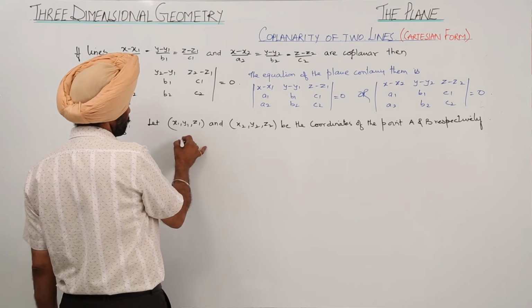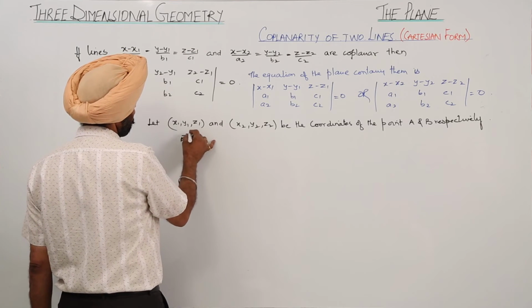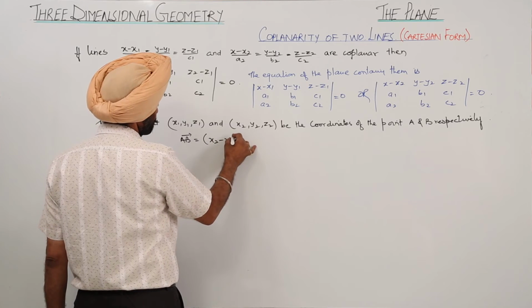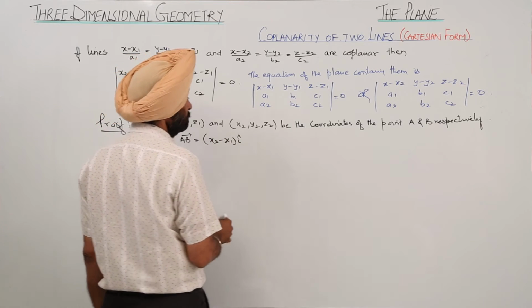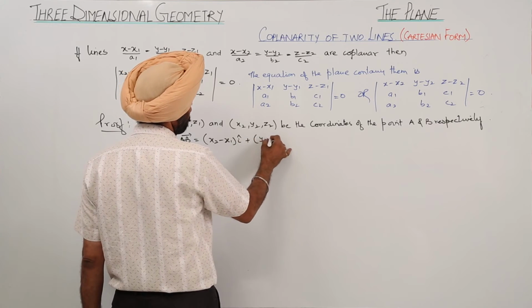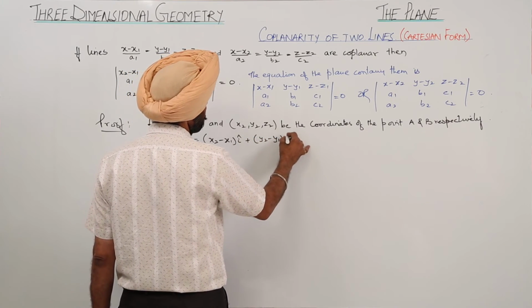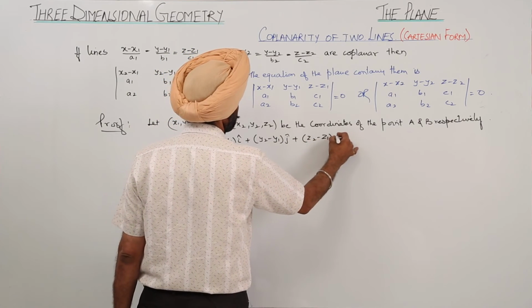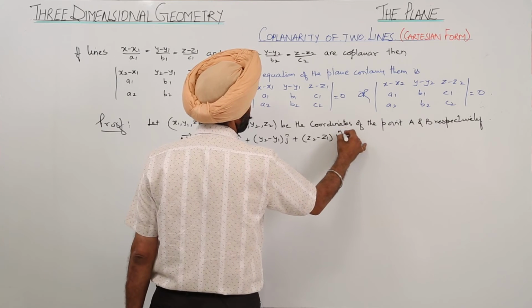Now vector AB will be (x2 minus x1) i cap plus (y2 minus y1) j cap plus (z2 minus z1) k cap.